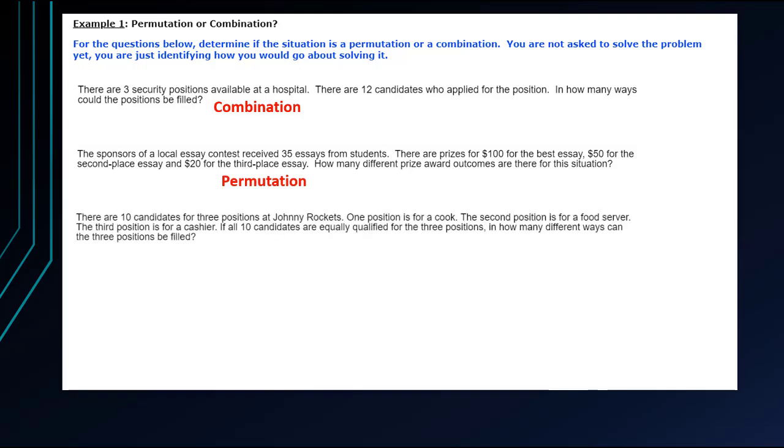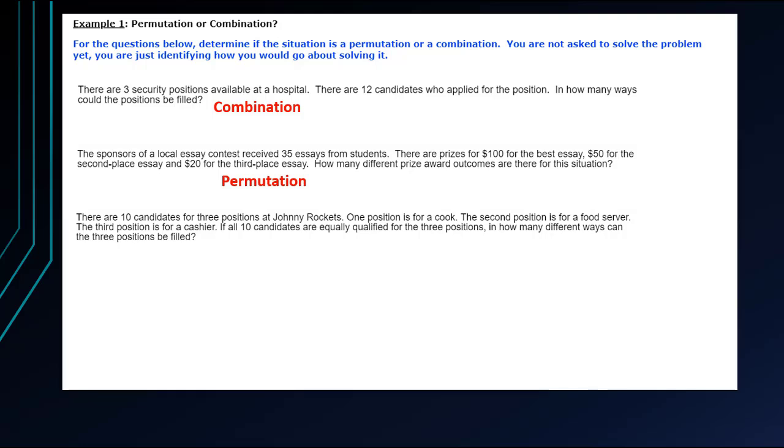The next one, there are 10 candidates for 3 positions at Johnny Rockets. 1 position is for a cook, the second position is for a food server, and the third position is for a cashier. If all 10 candidates are equally qualified for the 3 positions, how many different ways can the 3 positions be filled?